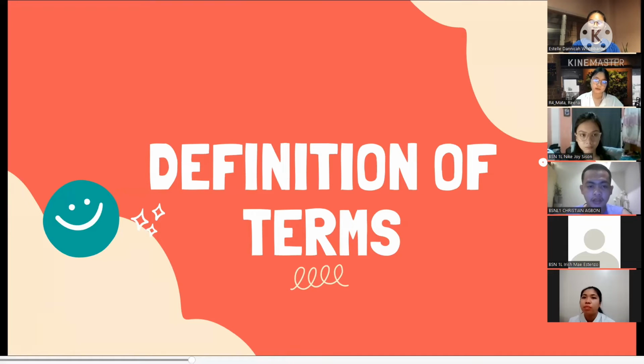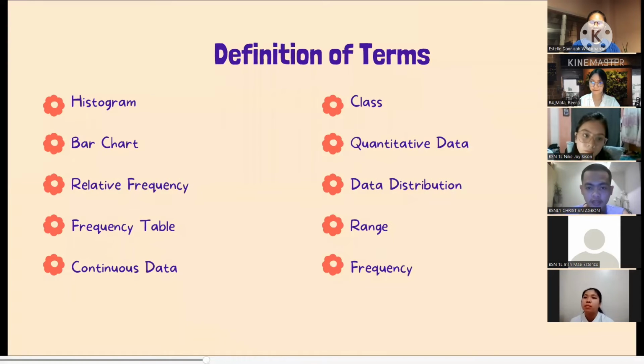Histogram, a graph of frequency distribution in which rectangles with bases on the horizontal axis are given widths equal to the class intervals and heights equal to their corresponding frequency. Bar chart shows the frequency counts of values for the different levels of a categorical or nominal variable.